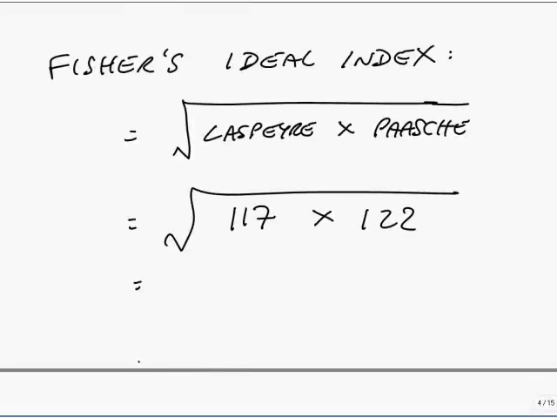So Fisher's ideal, multiply and take the square root. I get, is this right? Please, 119? Okay. So I said what I need. Well, I'll fall over if that's asked, but regardless.